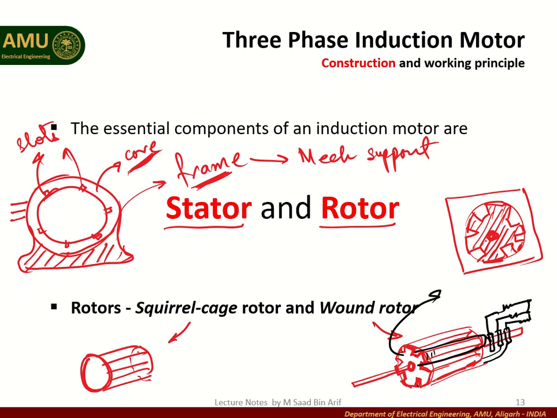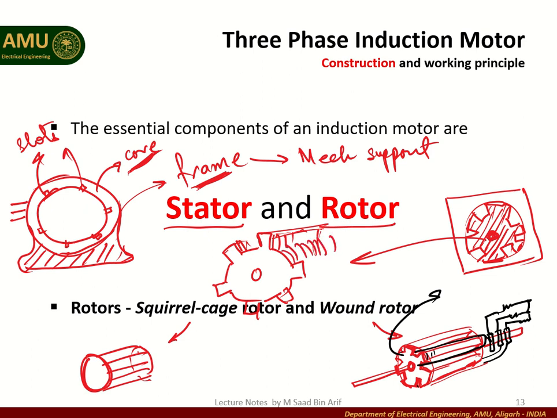If we take out this slotted sheet, we have a structure like this. Now if we put another sheet adjacent to it, it will be like this. If we put more and more sheets adjacent to it, it will form this type of arrangement. That is the core of the rotor. Okay.